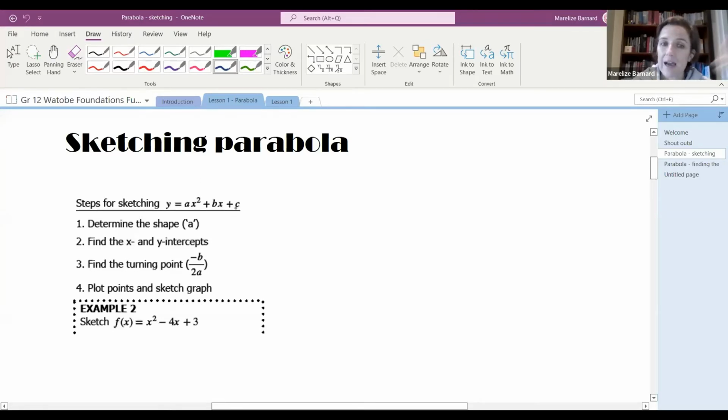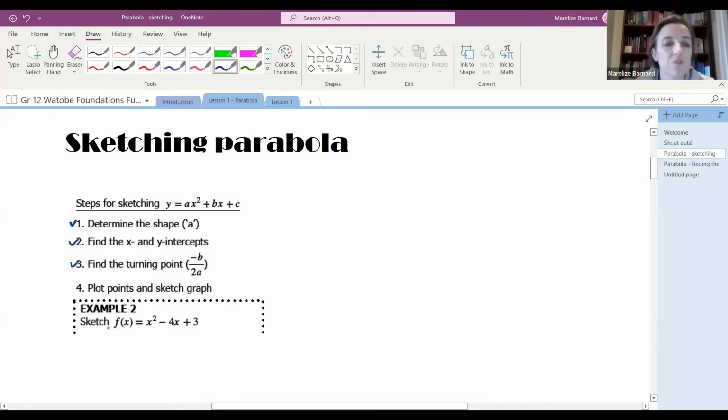Is it going to be a happy face or an unhappy face parabola? Then we find the x-intercepts and the y-intercepts, the turning point, and then we plot. And remember, it's a sketch graph. So you don't have to be 100% accurate with your drawing, but what you do have to be accurate in are these things here: the shape, the x-intercept, the y-intercept, and the turning point.